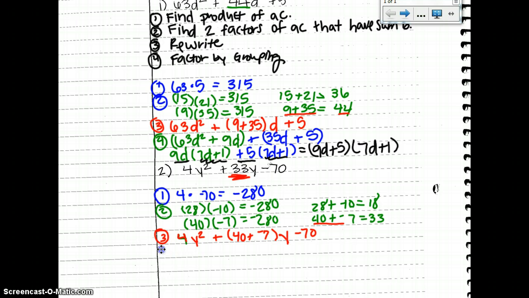Okay, our next step is to factor by grouping. Our first group is going to be 4y squared plus 40y. The second group is negative 7y minus 70.